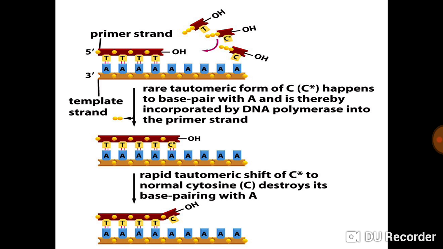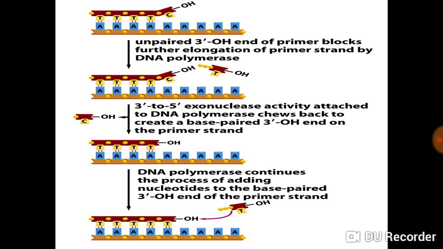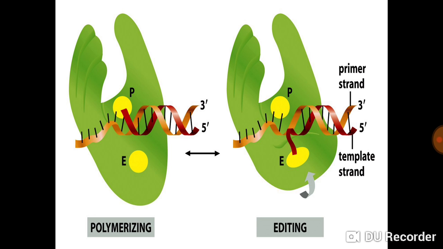Enzymes known as helicase unwind the double helix by breaking the hydrogen bonds between complementary base pairs, while other proteins keep the single strands from rejoining.